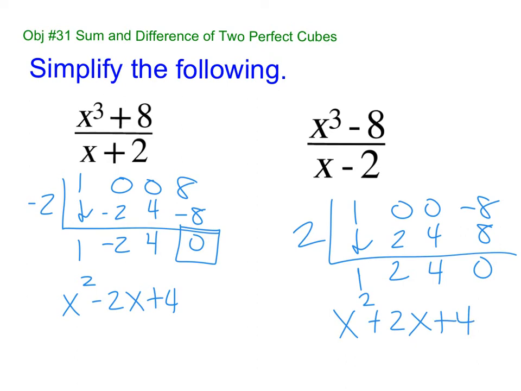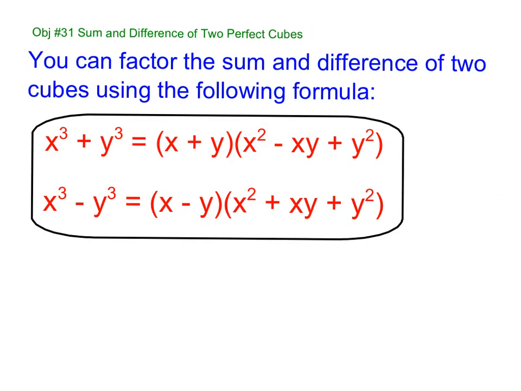All right, so see if you can figure out what the pattern is here. This one was x cubed minus 2 to the third. This is x cubed plus 2 to the third. So notice what we get here and here. How are those numbers related? So here's the formula. If we want to factor the sum or difference of two perfect cubes, this is the formula.